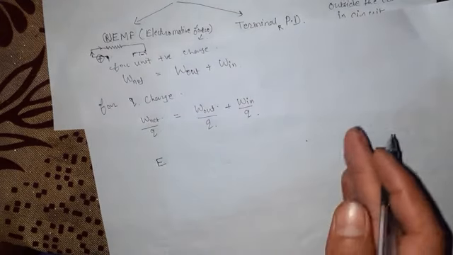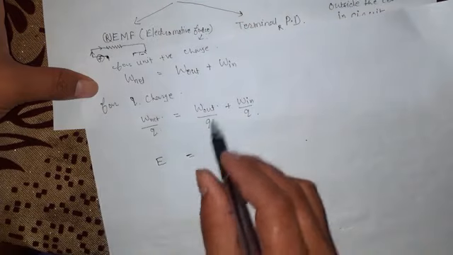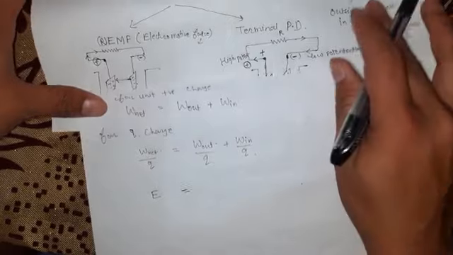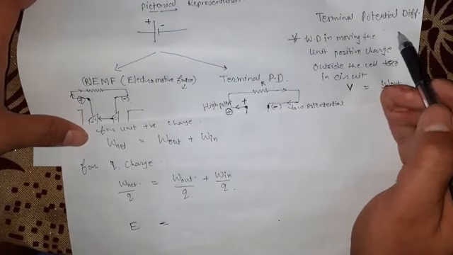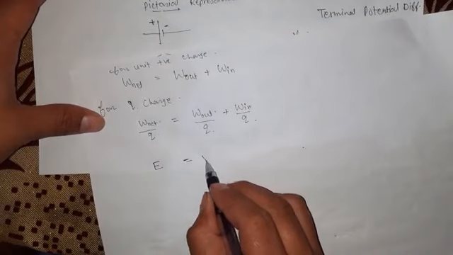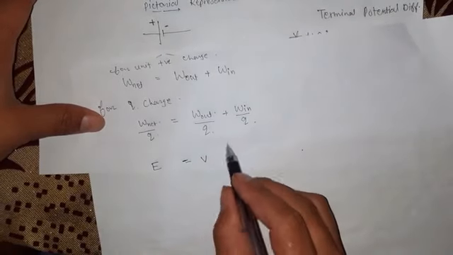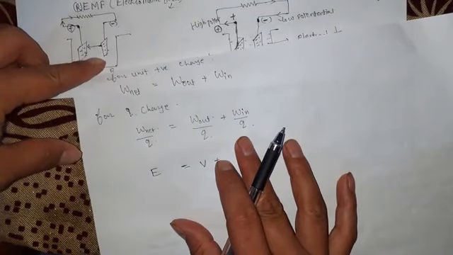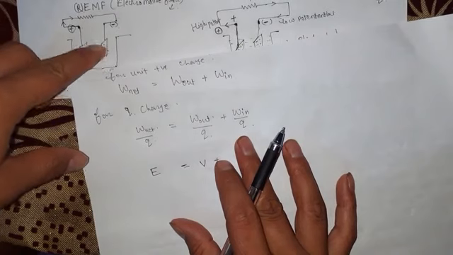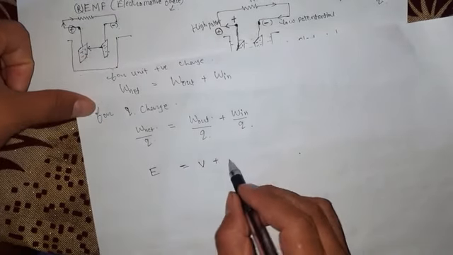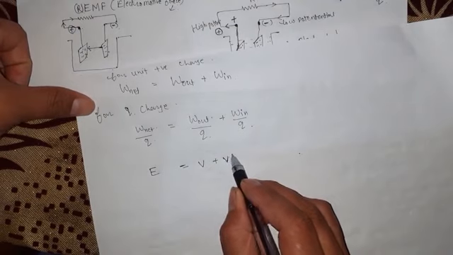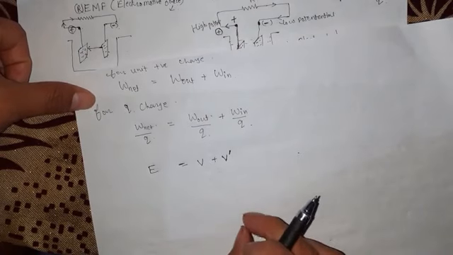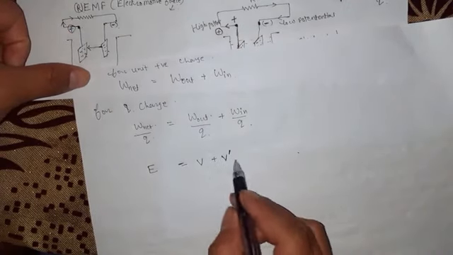It is given by E or epsilon, which is the work done outside the cell, already defined as the terminal potential difference, plus the work inside the cell in taking a positive charge from the negative to the positive plate. This is the potential drop inside the cell between the plates, V dash.